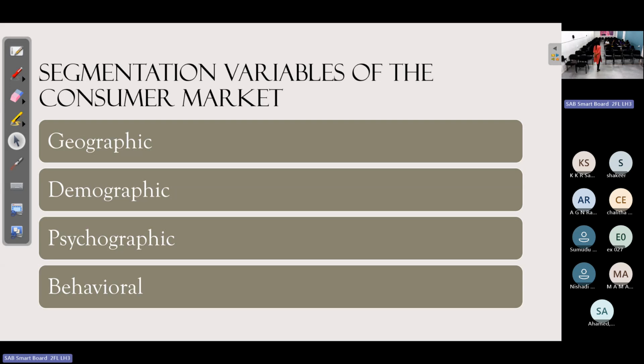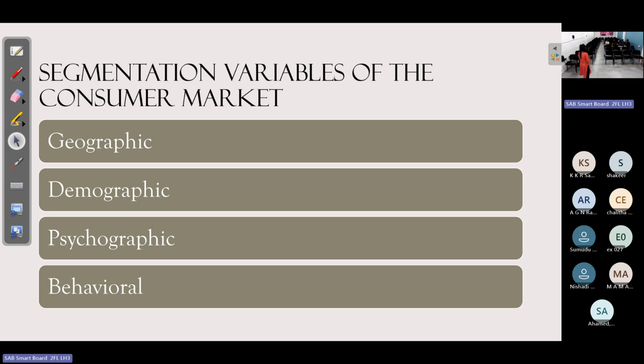Clothes. Yes, depending on the climate, we can differentiate the products we provide. Especially in the Sri Lankan context, what we wear here is different from other places. In other countries, they have seasonal differences, which we can also consider.